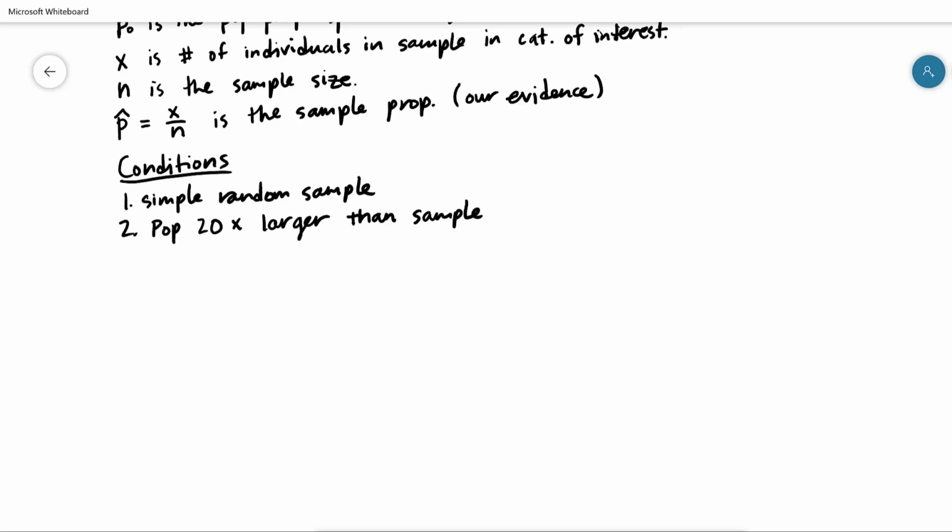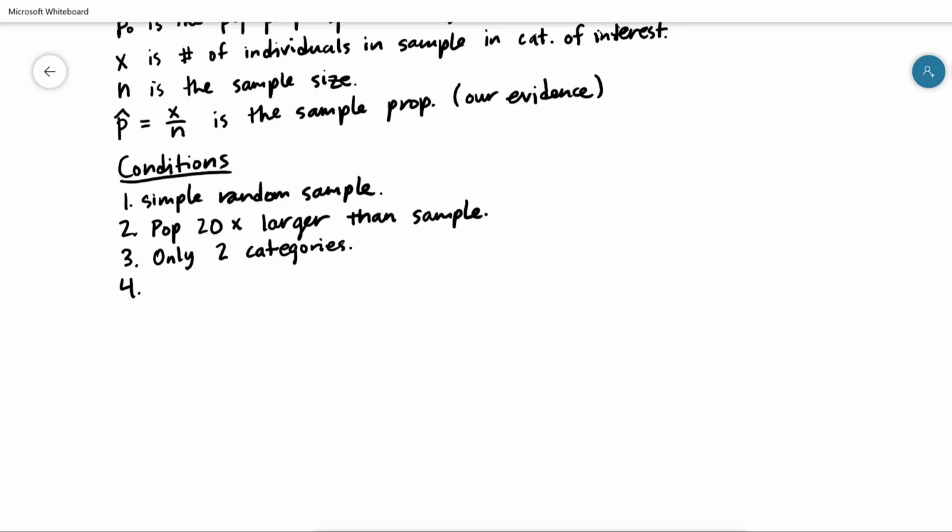And again, that was a relic of the binomial distribution, that our sample should be less than 5% of the total population, and we don't have to worry about replacement or lack thereof. We can only have 2 categories. So in this case, you're either in the category of interest or you're not.